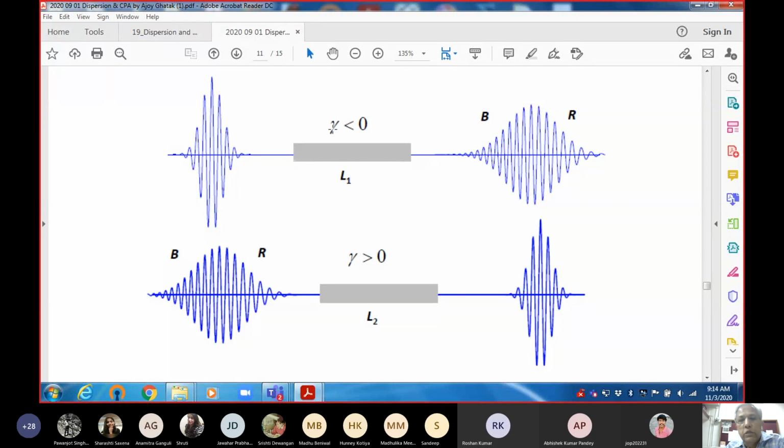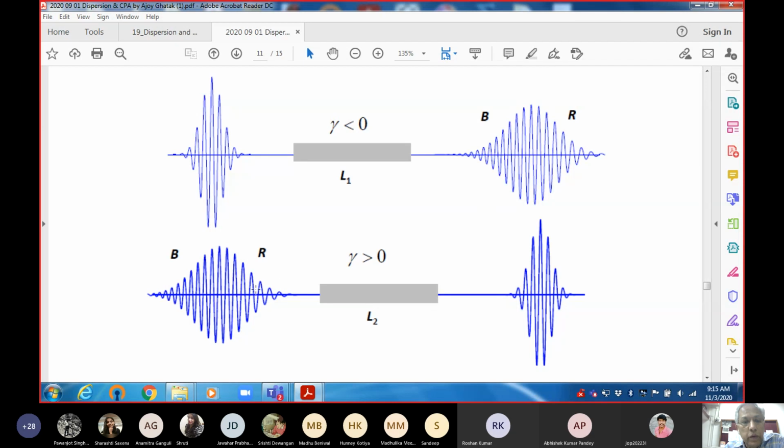It is related to the dispersion coefficient, but I will come to this point. So this basically corresponds to the positive dispersion region, and you can see that the trailing edge is red shifted and the front end is blue shifted.